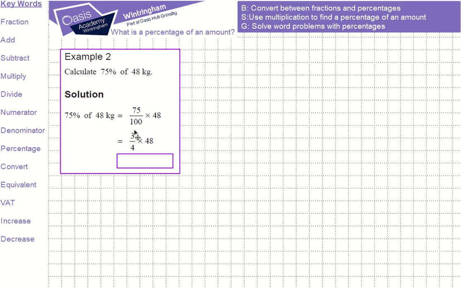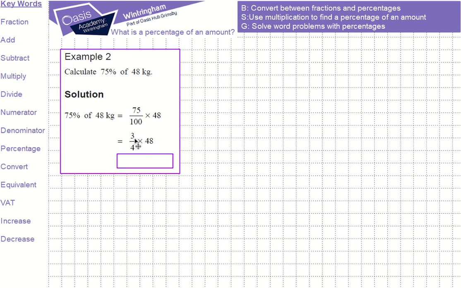That fraction simplifies down to 3 over 4, because we can divide both of these numbers by 25. So 75 divided by 25 is 3, and 100 divided by 25 is 4. Now we've got 3/4 multiplied by 48. 3 multiplied by 48. 3 multiplied by 40 first, 120.